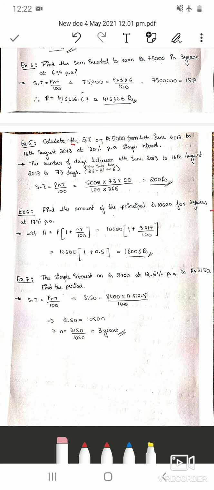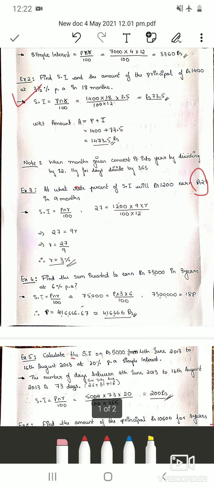So in today's class we saw the simple problems of simple interest when all the terms are known, that is when they have directly given principal, rate and time, which is n. We can just calculate by using PNR by 100. The next thing we learned is how to calculate simple interest when the period of investment is given in months or dates.